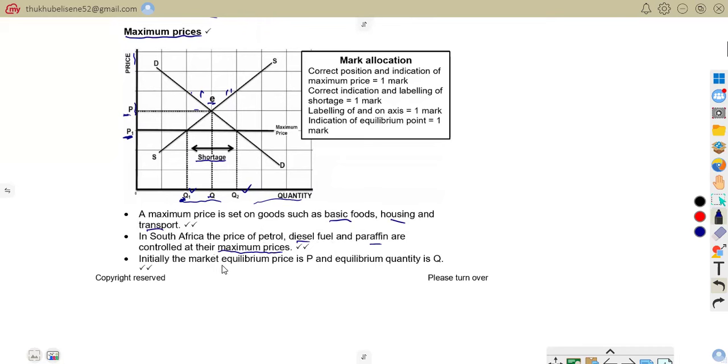Initially, the market equilibrium price is P, and the equilibrium quantity is Q, as you can see. So now let us move on.